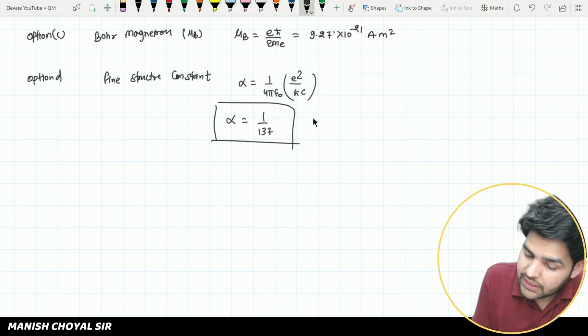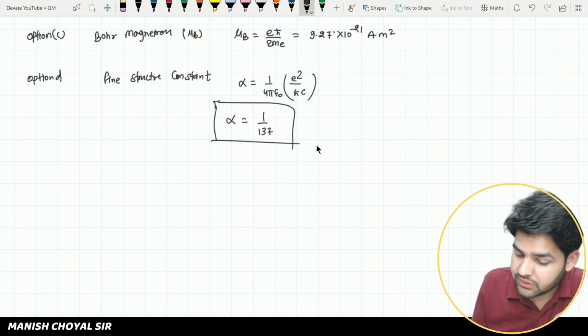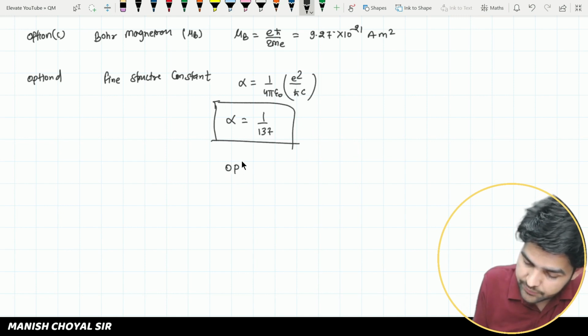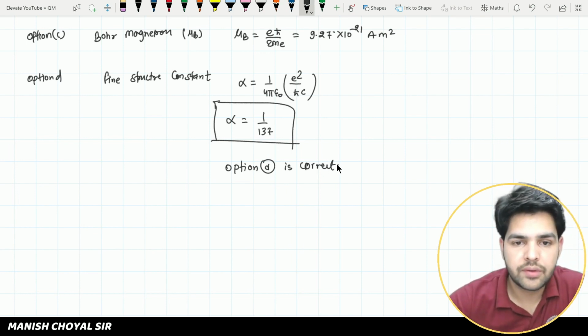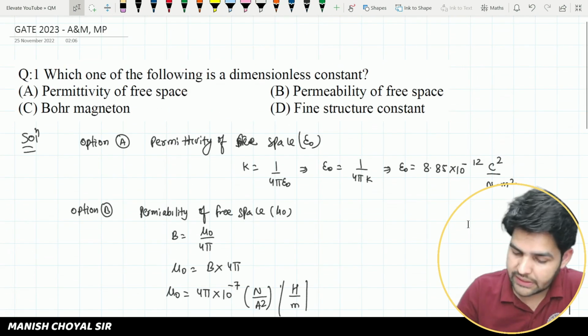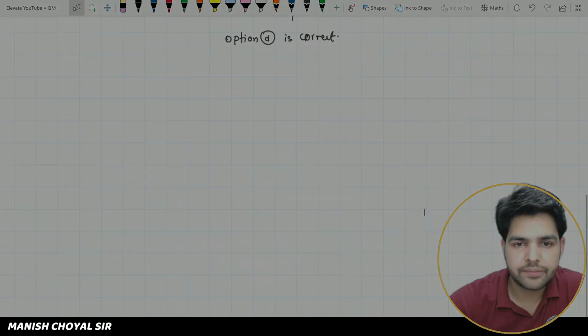So it is a dimensionless quantity. Alpha is a dimensionless quantity, so option D is correct. Now move to the next question.